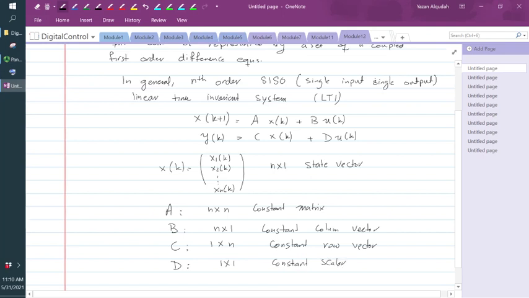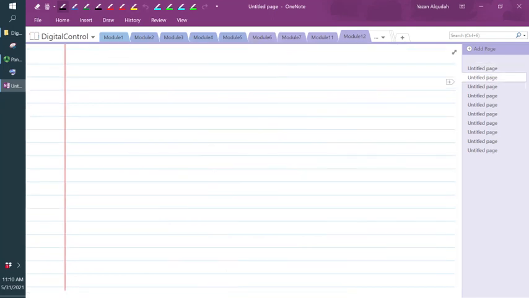Since we have single input, single output, D, if it is present, is going to be just a scalar value. Again, u of k is the input, and y of k is our output. And again, what we listed here is for a single input, single output system.